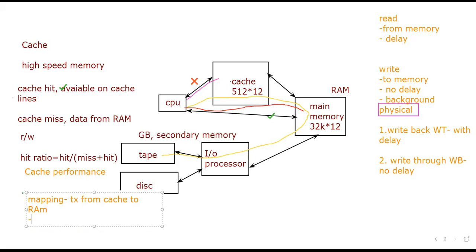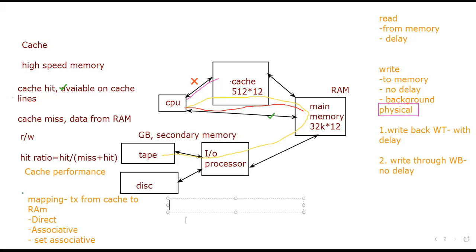There are three types of mapping process: one is direct mapping, next is associative mapping, and the last one is set associative. This could be asked for a 2 marks question only. Don't worry about the detailed answer.